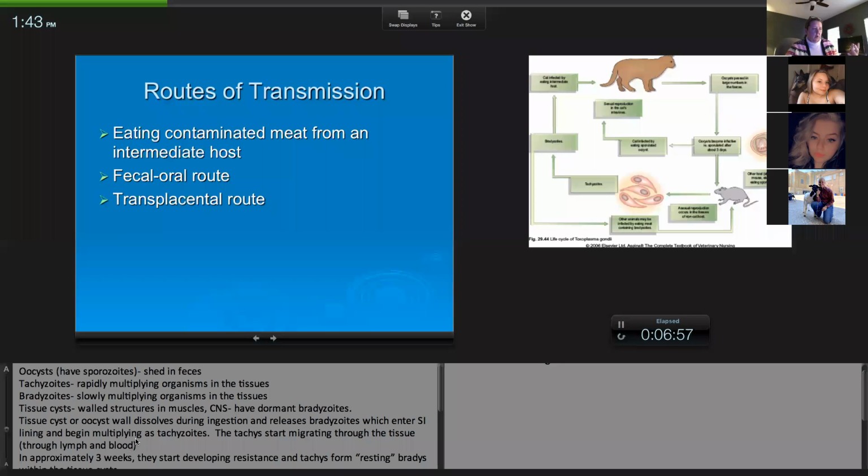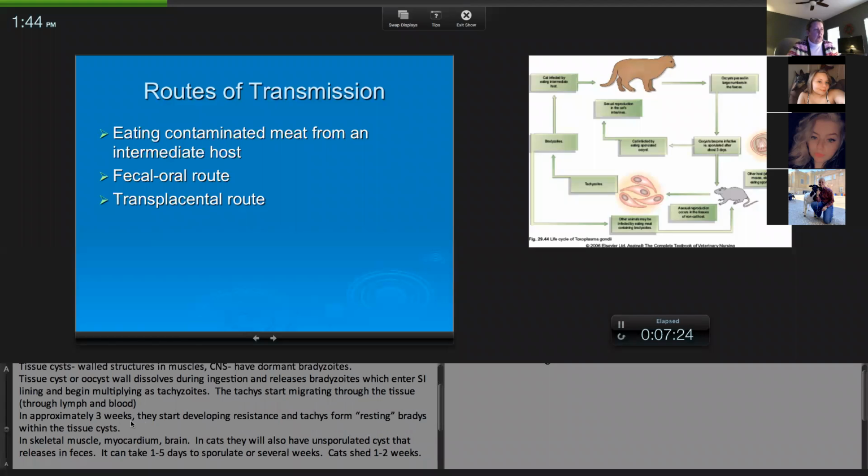So the bradyzoites basically attach to the small intestine and get absorbed into the intestinal lining, which goes into the blood supply and the lymphatic supply. This is where they first migrate to the small intestine. That's where it's going to begin. But then they start to travel, migrating through the tissues.